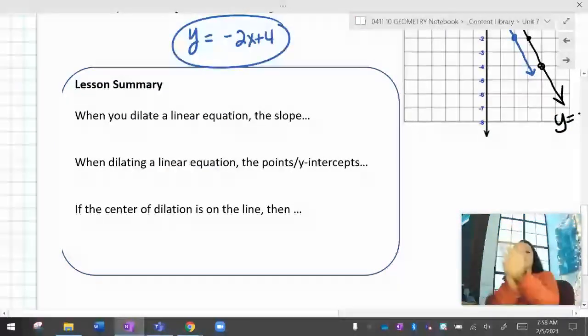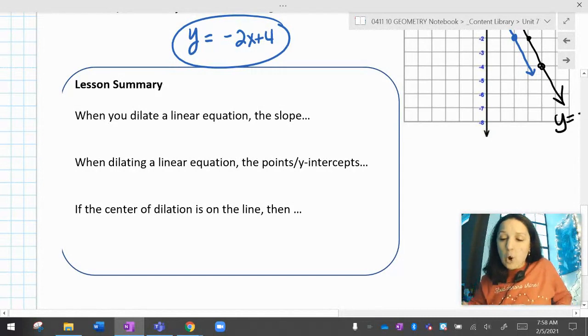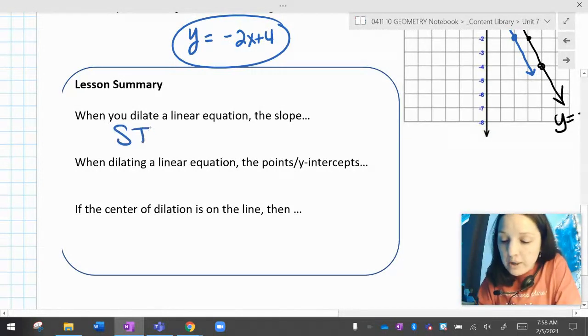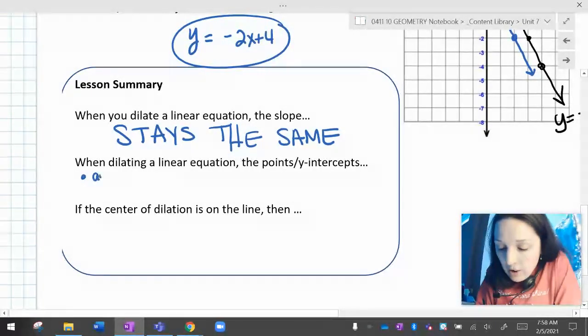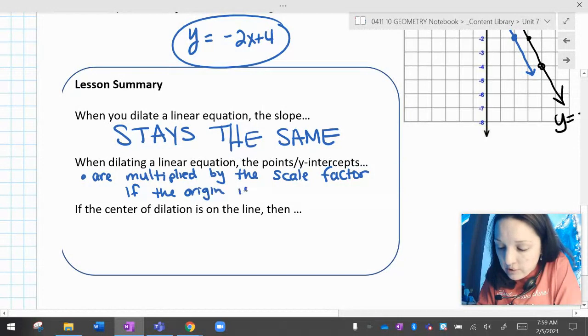All right, lesson summary. Let's wrap this up. When you dilate a linear equation, the slope stays the same. When dilating a linear equation, the points or y-intercepts are multiplied by the scale factor if the origin is the center of dilation.